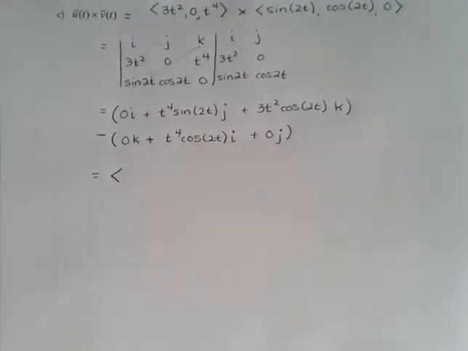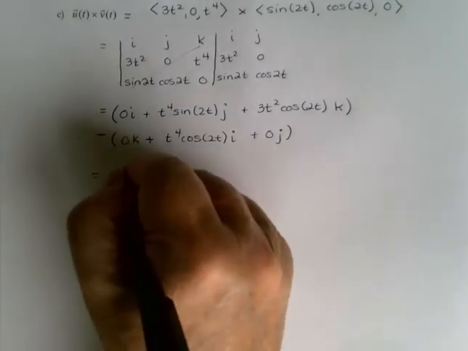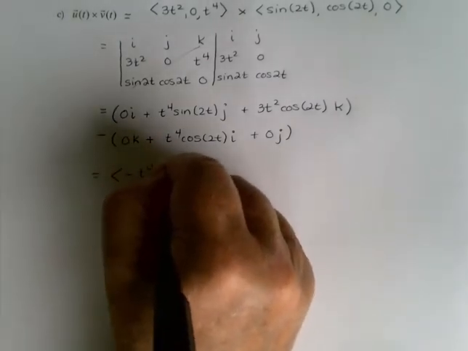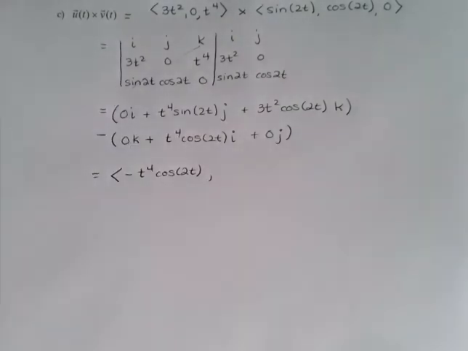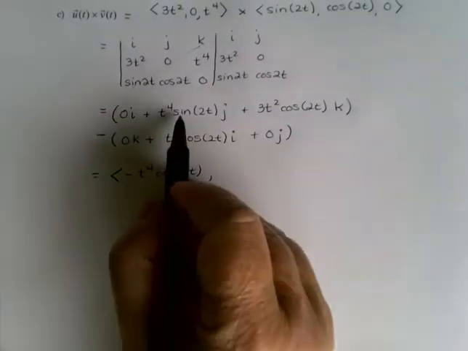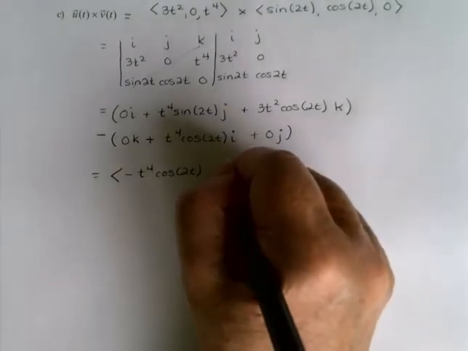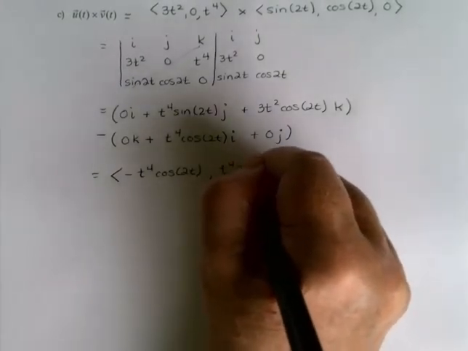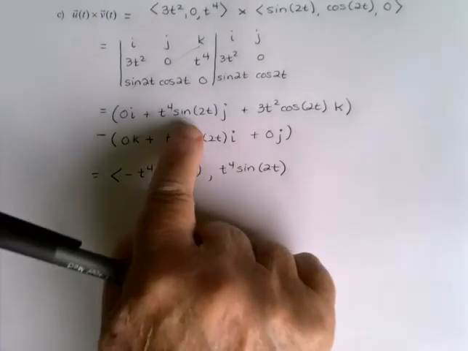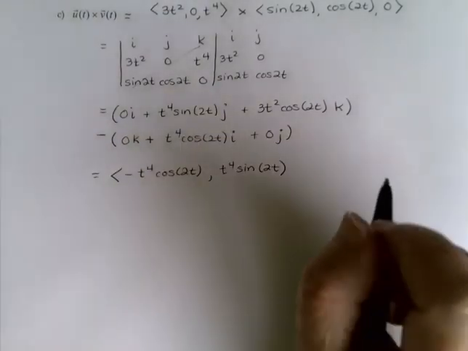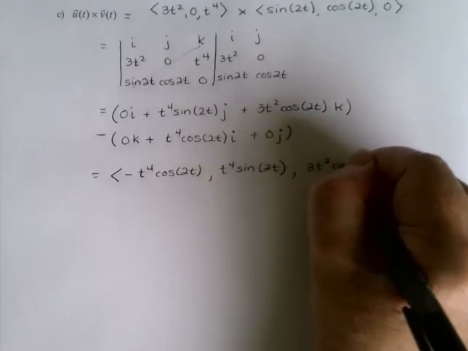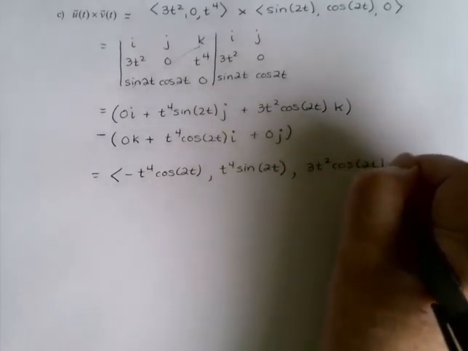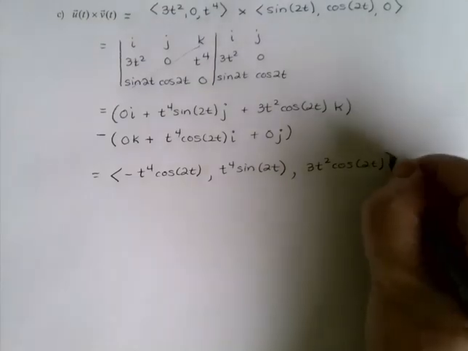So my cross product is negative t to the fourth cos 2t is the x component, or i part. The j is going to be this t to the fourth sine 2t, just minus 0. And the k is going to be the 3t squared cos 2t, again minus 0.